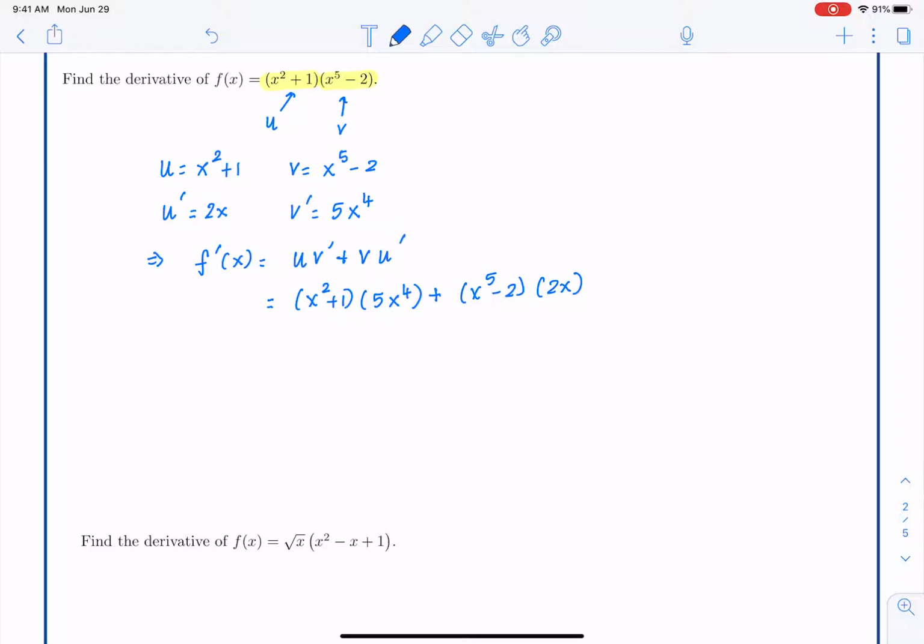We have an x in common, so we could pull that x out, which would leave us with 5x cubed times x squared plus 1 plus 2 times x raised to 5 minus 2. You don't have to FOIL this and make things complicated. You can leave it as is because it is in quite a compact form.